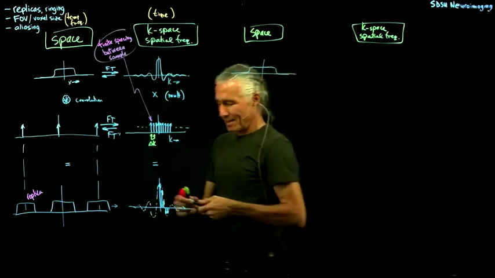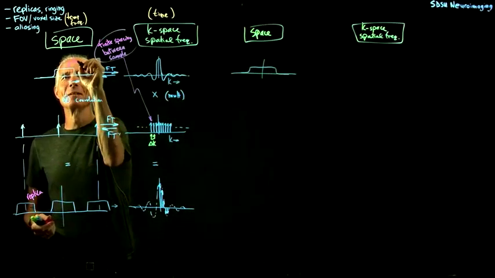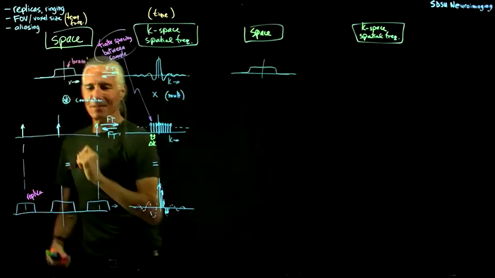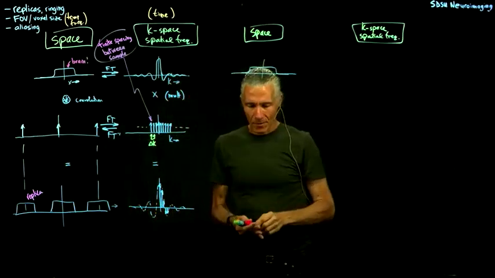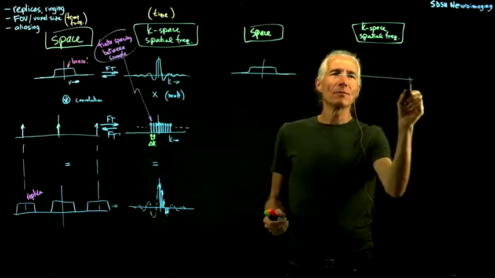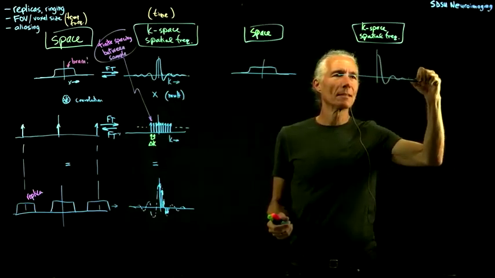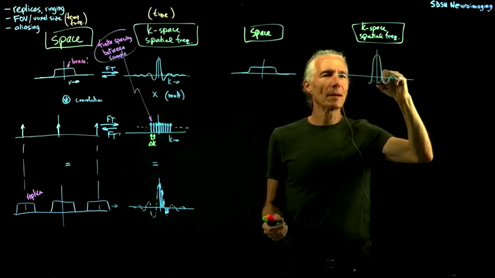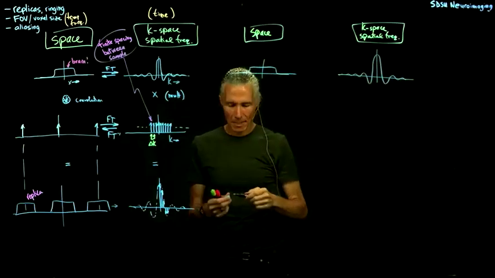Sorry, I'll label that. This is the brain. Okay. So we start off with the brain again, and what does that transform to? It transforms to something that looks like a sinc: a bright spot in the middle, and little ripples going away.